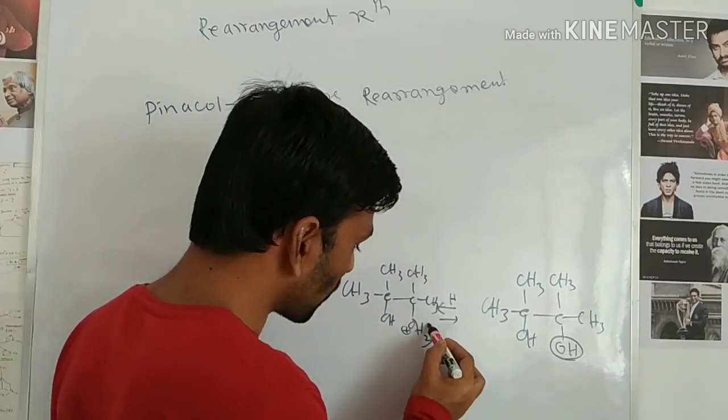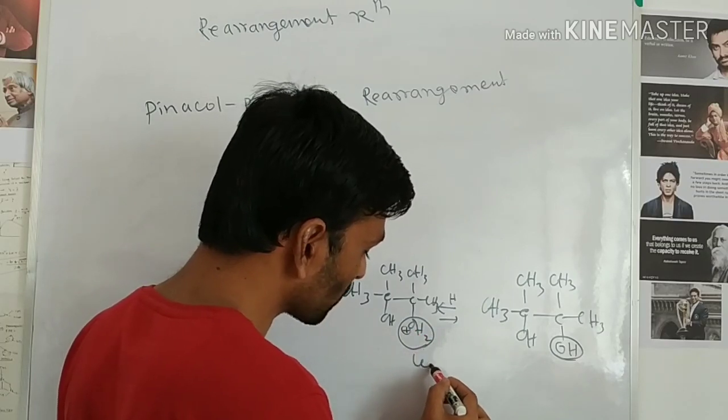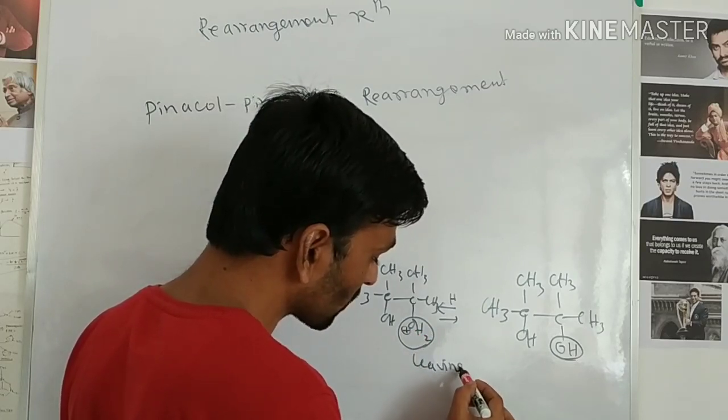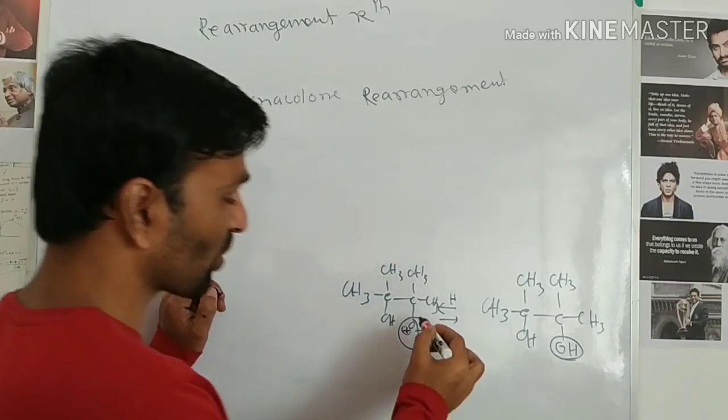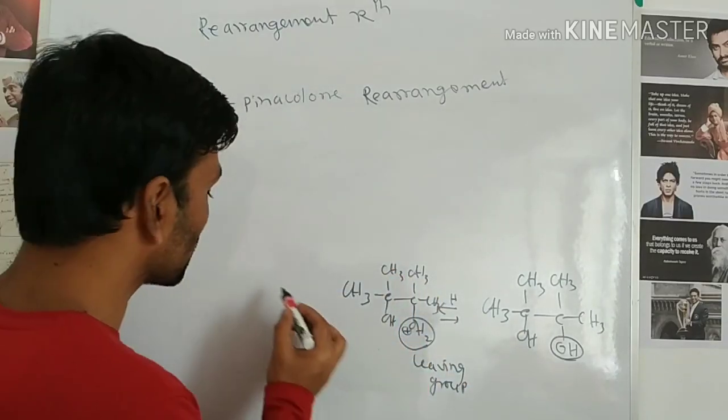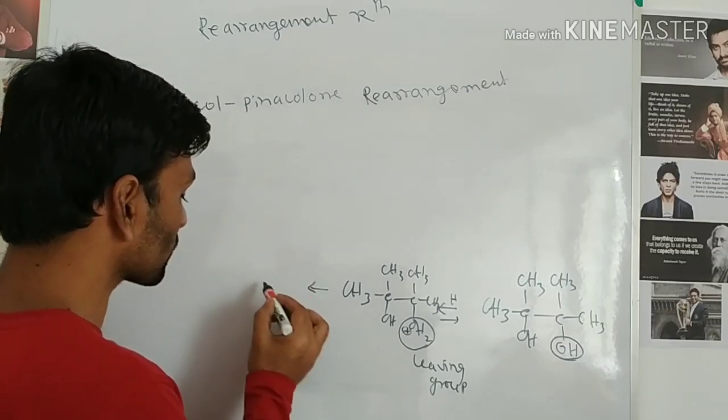This water group is the leaving group and leaves from here to form the carbocation.